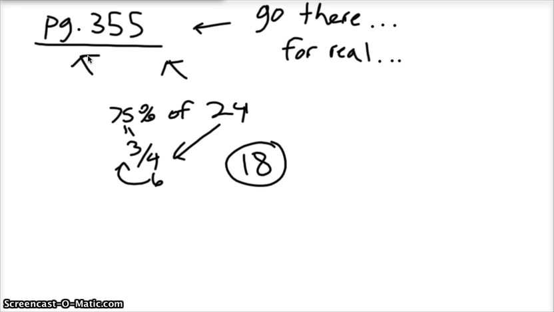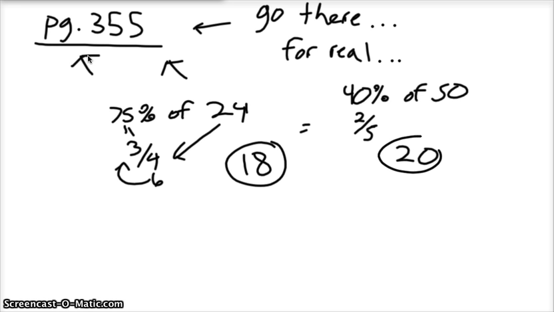So think about that. Maybe we'll do another example here. Try it out. Let's do 40% of 50. Okay, 40% in my mind is 4/10, which is 2/5. So I'm going to divide 50 by 5, which is 10, and then I multiply that by 2, and that's 20.